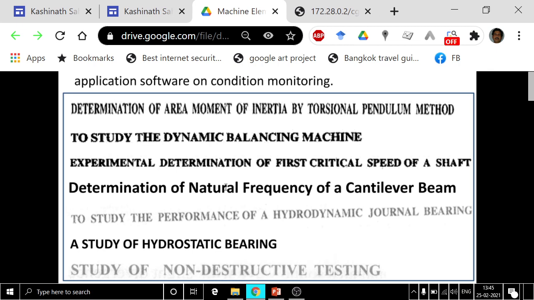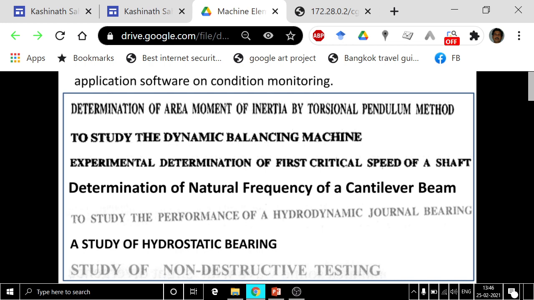There are 2 experiments on bearings, a hydrostatic bearing and a hydrodynamic bearing. The theory of bearings is known to you. It has been discussed in fluid mechanics as well as in mechanical engineering design. Then there are experiments on machine dynamics: the critical speed of a shaft, its experimental determination.